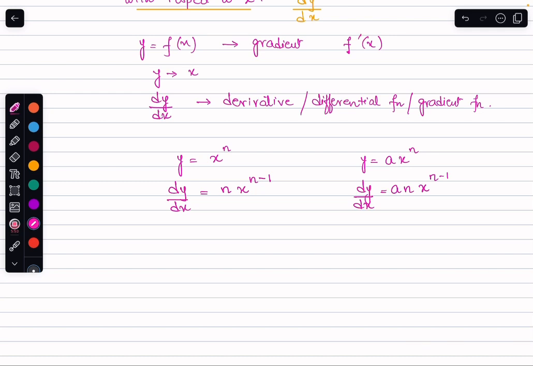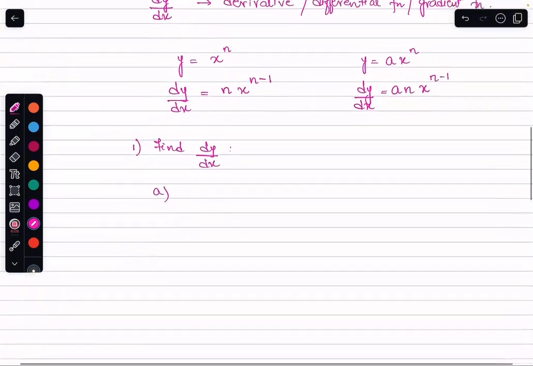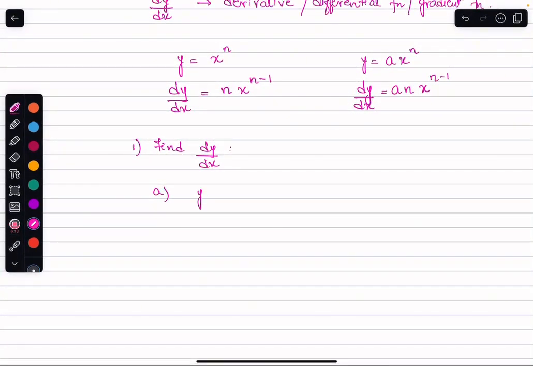Let's do some questions regarding differentiation. Number 1, find the derivative, or find dy by dx. Part A, let's say y equals x to the power 9. So in place of n, I have 9 here.